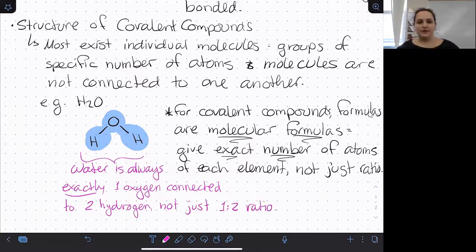So our formulas for ionic versus covalent compounds describe slightly different things, and that's because of the way these typically exist. In the next several videos, we're going to be learning how we can figure out the structure of simple covalent compounds, since they tend to follow a relatively straightforward set of rules.